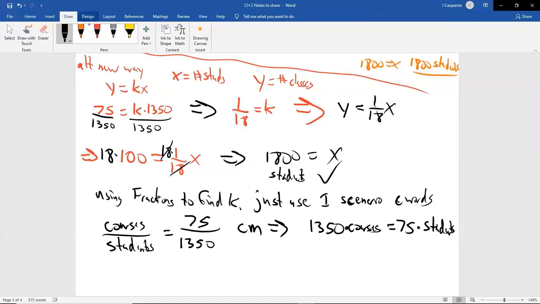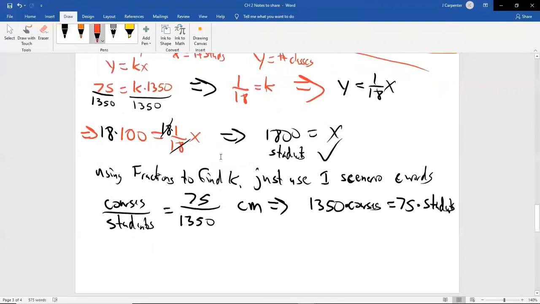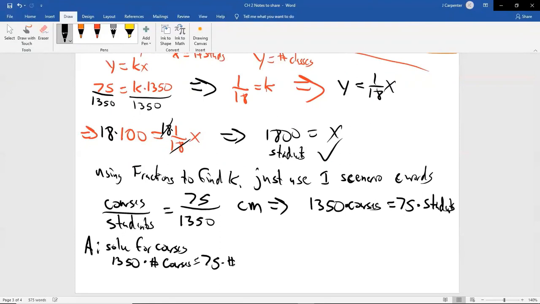If I solve for courses, let me run this through first scenario. So you take the 1,350 times the number of courses equals the 75 times the number of students.